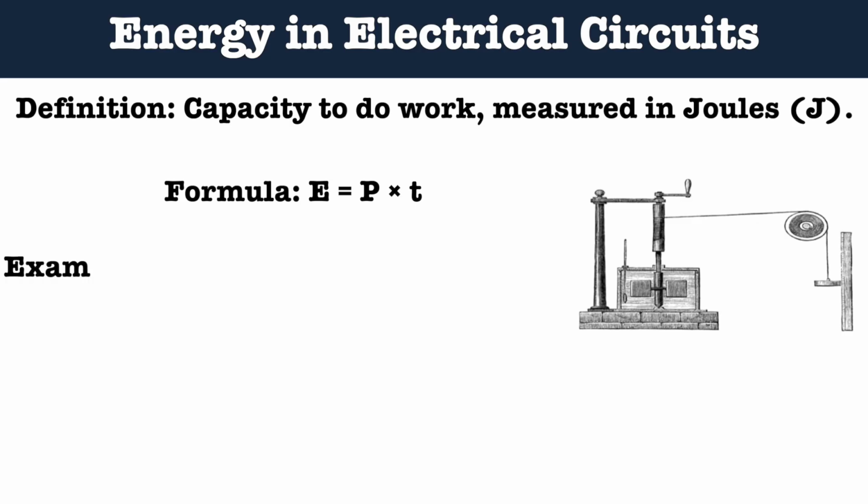For example, if a device uses 100 watts of power for 2 hours, the energy consumed is 100 × 2 hours, or converting into seconds, 720,000 joules.